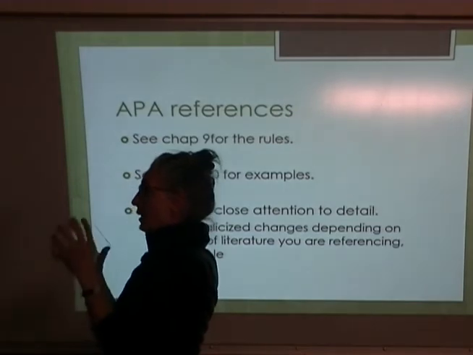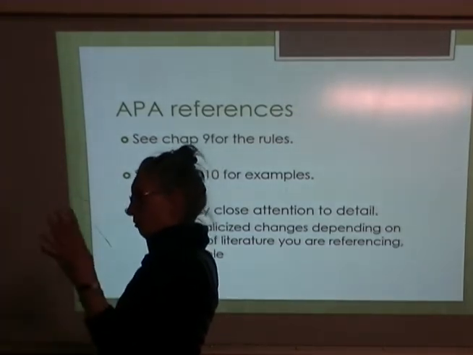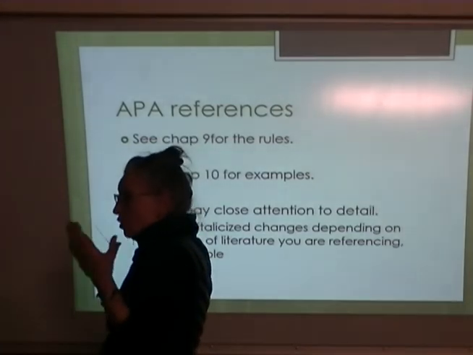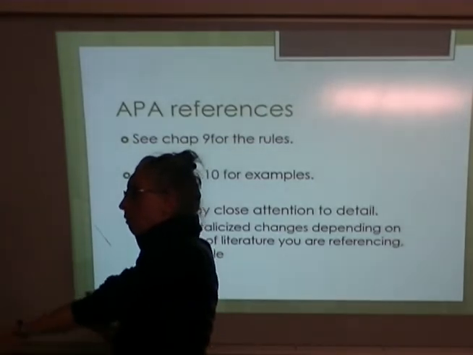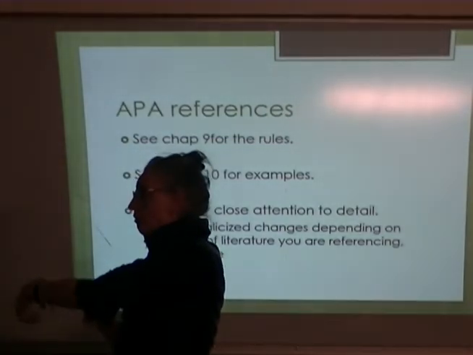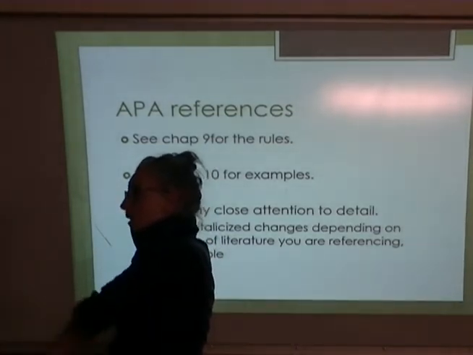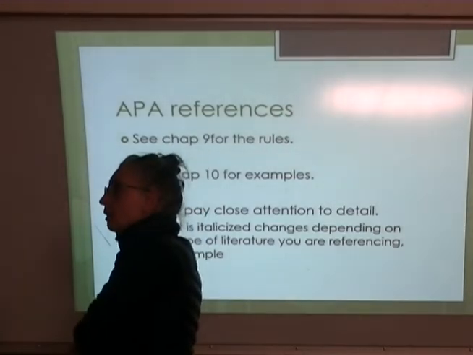So, getting the APA absolutely correct in the reference takes practice. And it's just a new skill, right? It's like learning to do a cartwheel. I can't do a cartwheel the first time I try, but after 50, 60, 100 attempts, I can do a pretty good cartwheel, right?